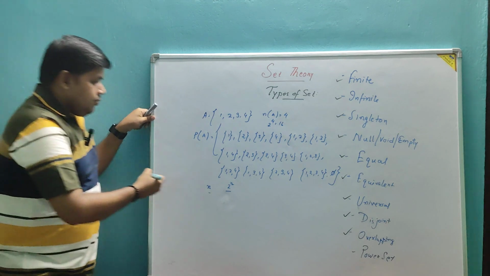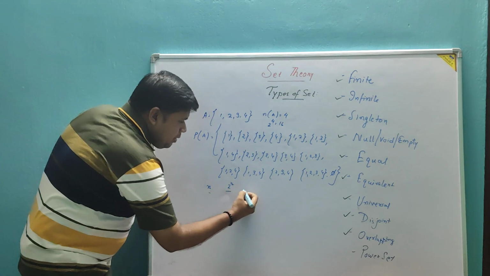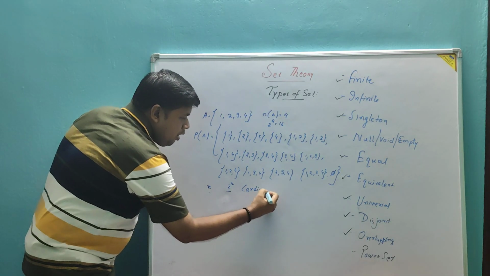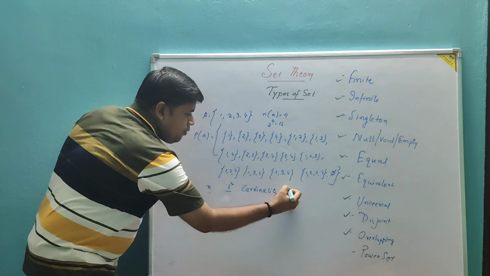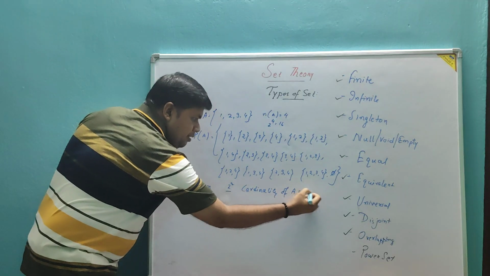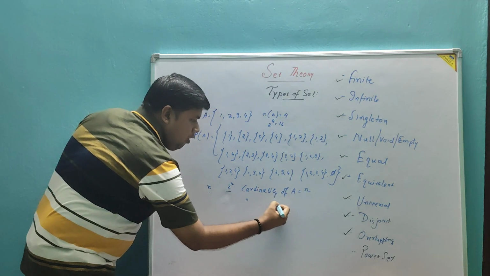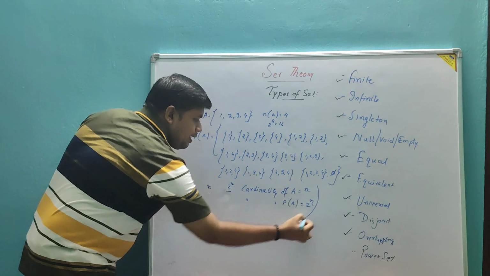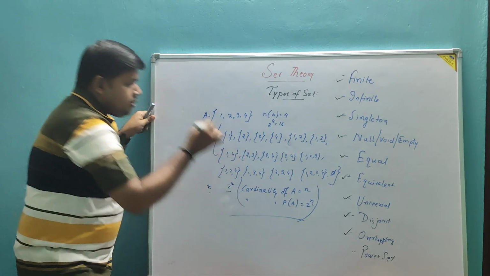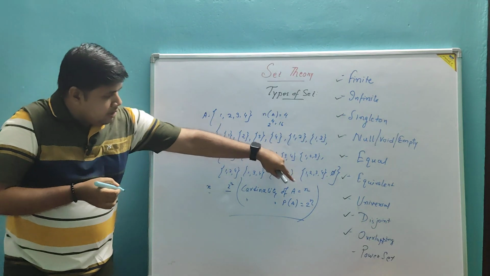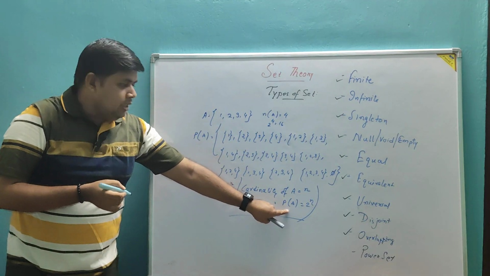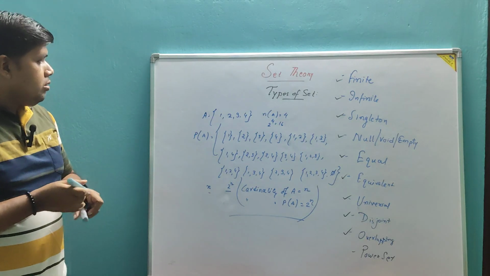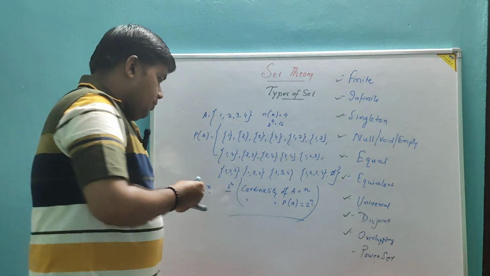In other words, using the term cardinality, if the cardinality of A is n, then the cardinality of the power set of A will be equal to 2 to the power n. So this is very important. So that's about the power set.